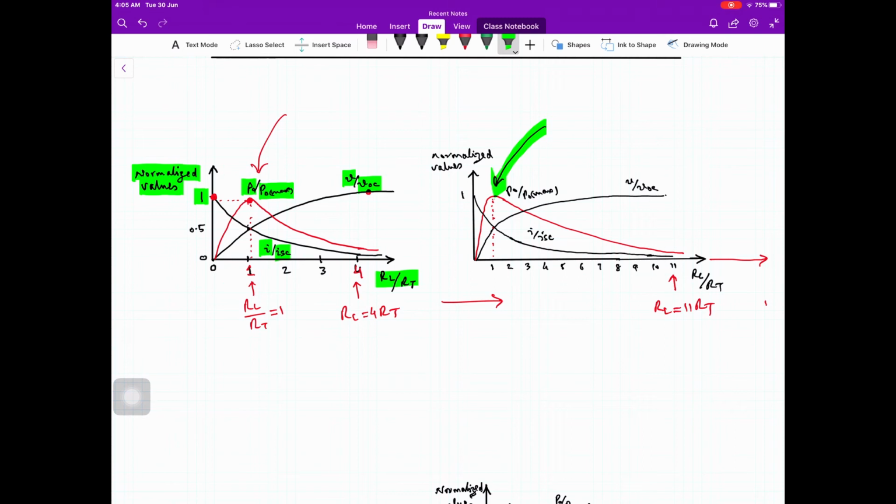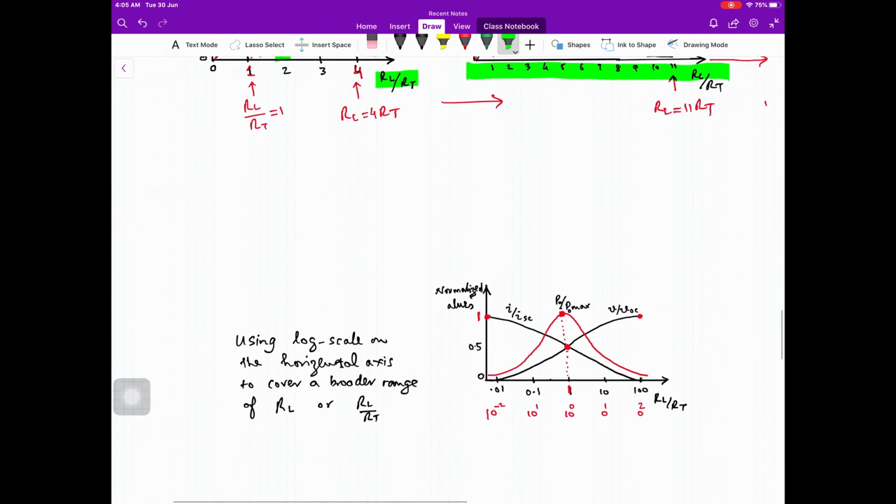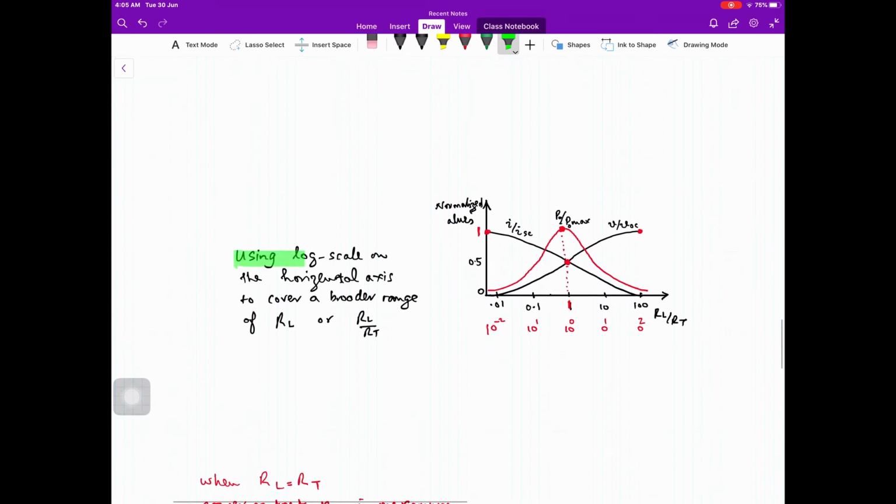Now, in order to see a wide range of RL over RT, we use a logarithmic scale on the horizontal axis to cover a broader range of RL over RT. Now, what is the logarithmic scale?